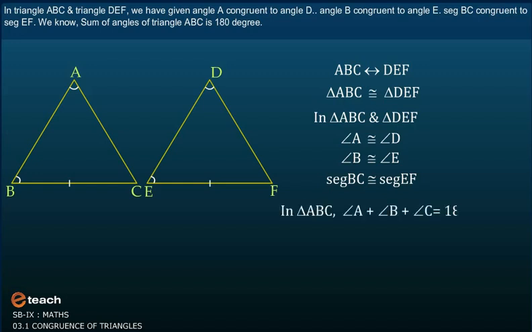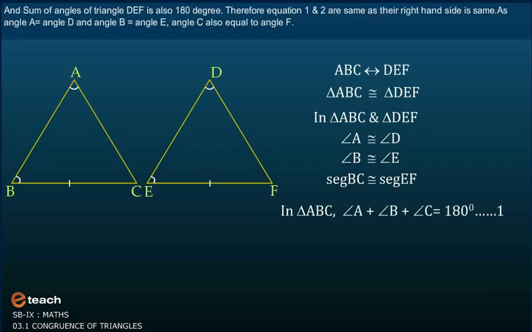We know the sum of angles of triangle ABC is 180 degrees and the sum of angles of triangle DEF is also 180 degrees. Therefore, equations 1 and 2 are the same as their right hand side is the same.